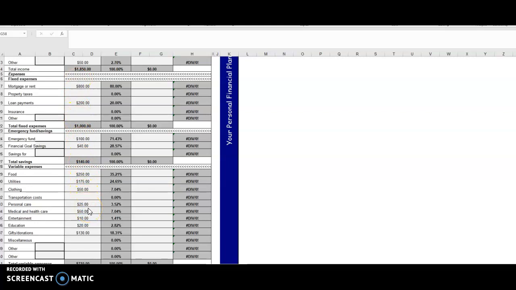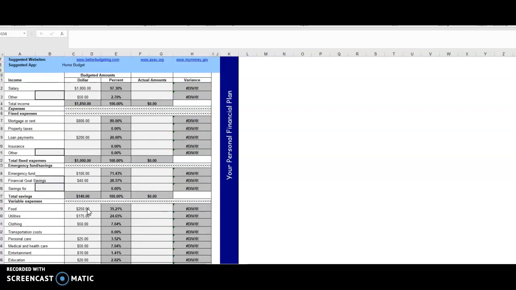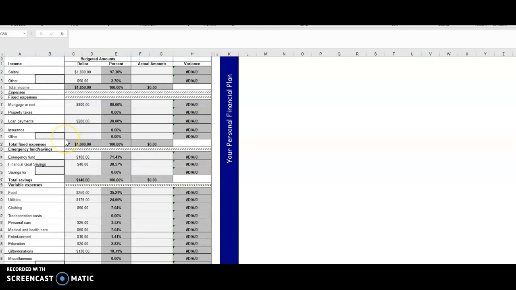When you look at your cash flow statement, these amounts may change from month to month, and if they change any significant amount, then you'll want to take a look at your personal budget and see if maybe some of those budgeted items need to change. For example, let's say you get a raise, then your salary would change. If you buy a new home, your rent or your mortgage would change. If you take on another loan or you pay off a loan, then your loan payment would change on your budget.